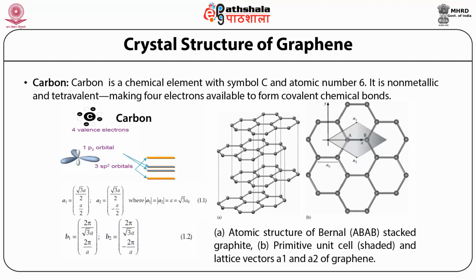Graphite is found in nature with various stacking arrangements, but here we will concentrate on the most common and thermodynamically stable stacking, which is called Bernal stacking, AB type of stacking, which is shown in figure A. In Bernal stacking, the B atom in the second layer is directly above the A atom in the first layer, and then in the third layer there is an A atom at this location, just as in the first layer.